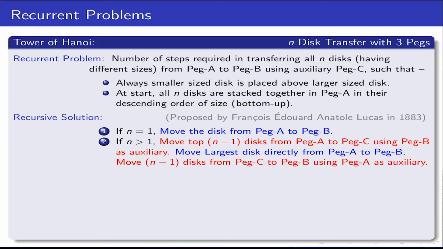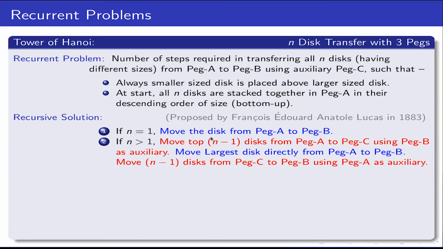The second is that if we have more than one disk, you can think of it this way: I need to place the larger disk from peg A to peg B. To free the larger disk so that I can move it, I need to move all the top n minus 1 disks to the auxiliary one, then place the largest disk directly to the destination, that is peg B, and then the n minus 1 disks that were in the auxiliary one, I take help of the auxiliary peg A and place them on my final destination point B.